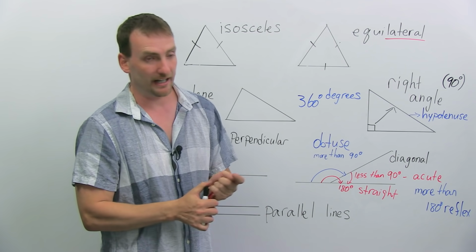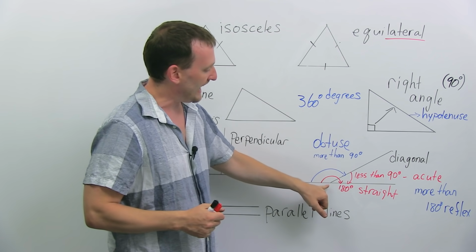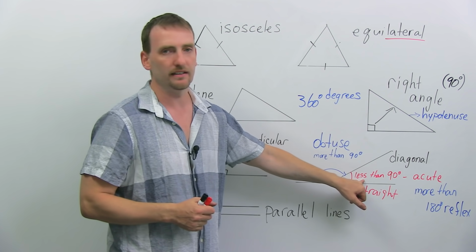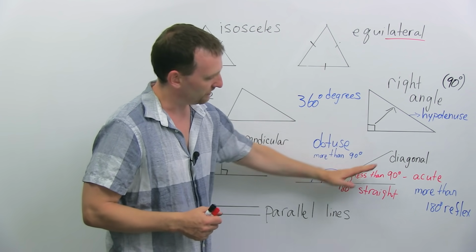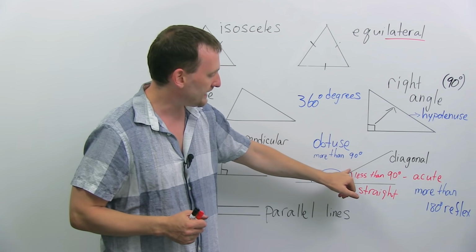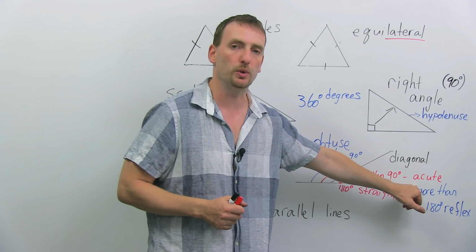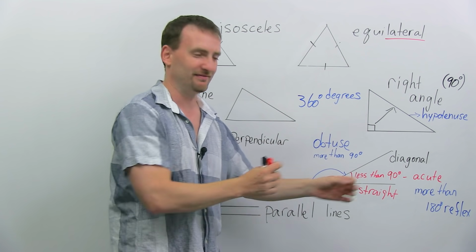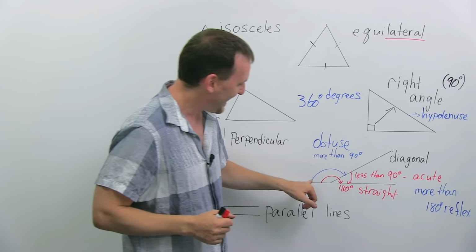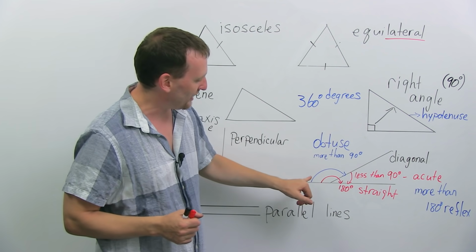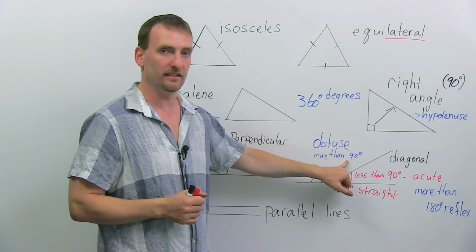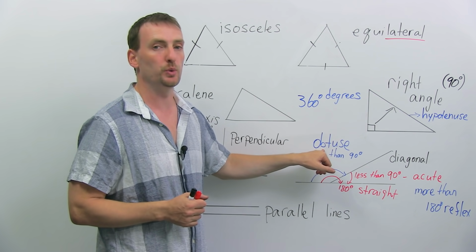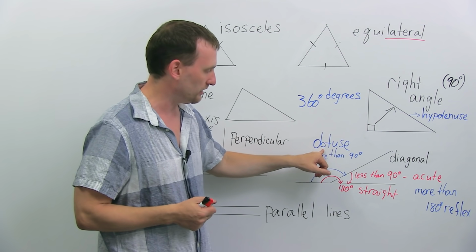Now, let's look at some other angles. If you have an angle that is less than 90 degrees, okay, I hope you can sort of see it in this diagram, less than 90 degrees, it's an acute angle. Acute. Not cute. Acute. Angle. Sorry, not a good one. If you have an angle that is more than 90 degrees, we call this an obtuse angle.